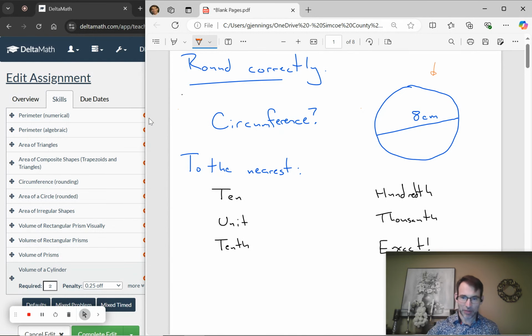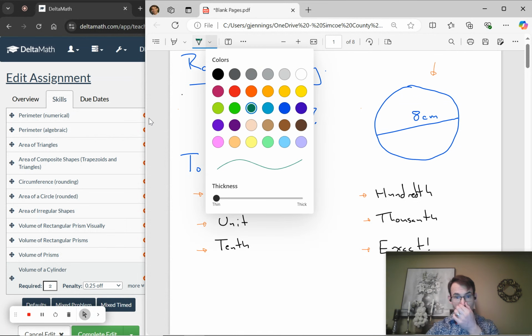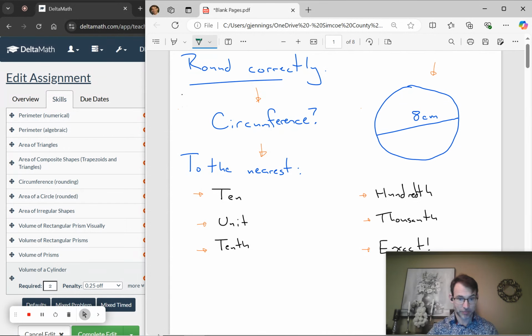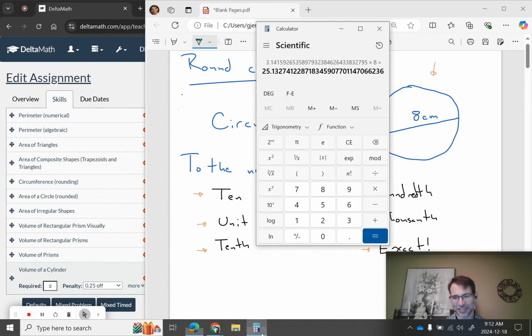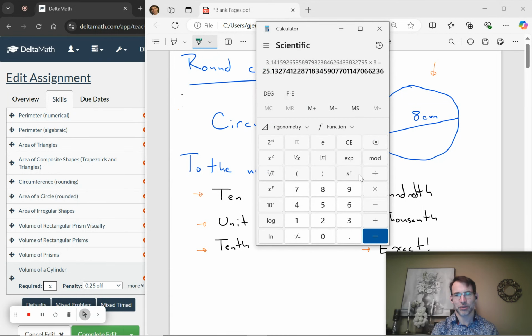Delta Math won't give you 8 centimeter circles, they'll give you 8-inch circles because circles are bigger in the United States. And we've been asked for the circumference of the circle to the nearest 10, to the nearest unit, to the nearest tenth, all these different ways to round this number. And I'll show you also how to give an exact value if you want to amaze your friends and look like a real mathematician. Well, engineers are real mathematicians too.